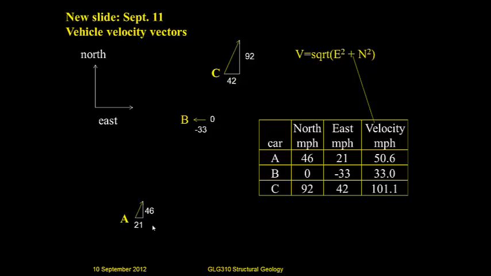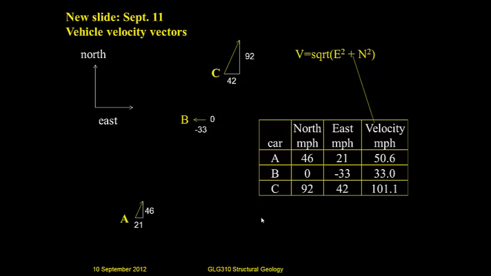In the case of A, and you can see this both in the little triangle around the vector and in the table, it's moving to the north at about 46 miles an hour, but it's also moving east at 21. So when we do a simple Pythagorean theorem application, we can compute the length of the vector as 50.6 miles per hour. Then we go to B, the car that's in the area where things had turned.